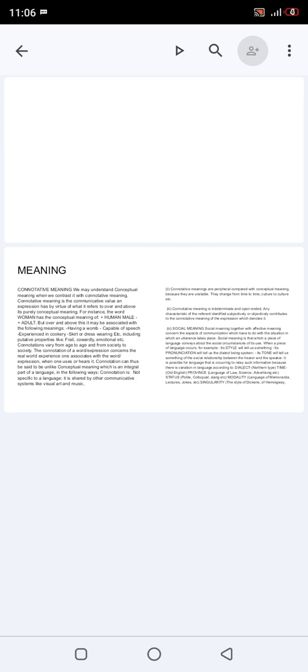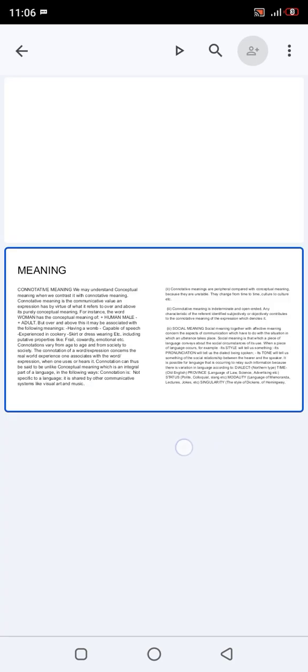Conceptual meaning is an integral part of a language in the following way. Connotation is not specific to a language. It is shared by other communicative systems like visual art and music. So here we are told that it is not specific to a language. Connotative meanings are peripheral compared with conceptual meaning.